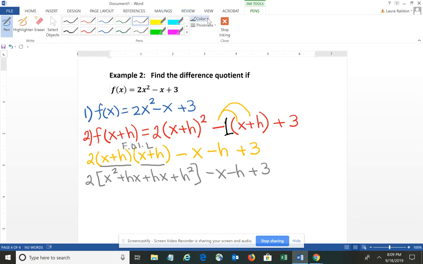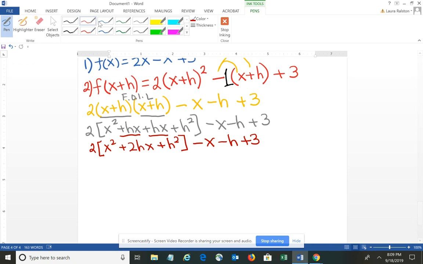I can combine like terms inside the parenthesis. 1hx plus 1hx is 2hx. So I have 2 times x squared plus 2hx plus h squared minus x minus h plus 3.